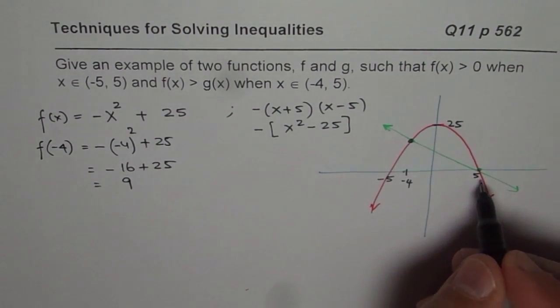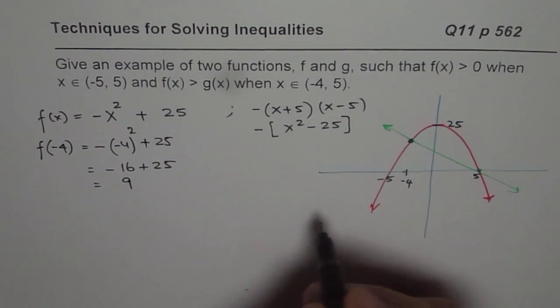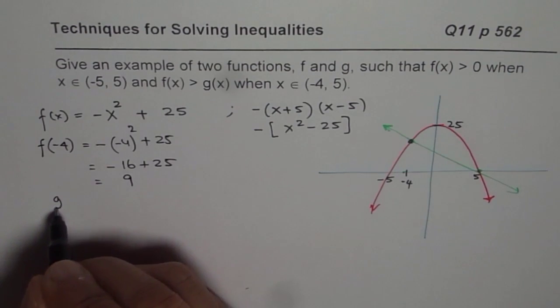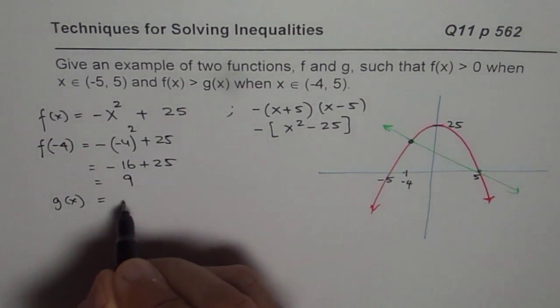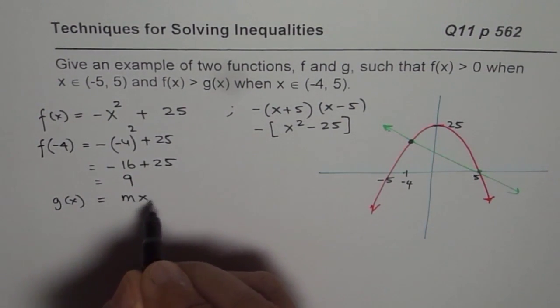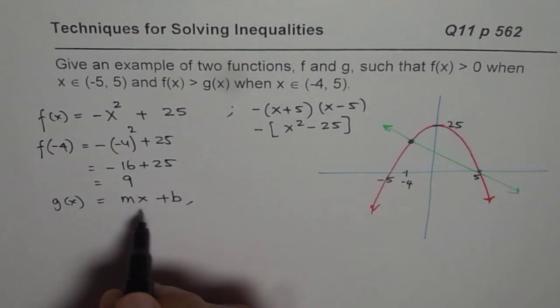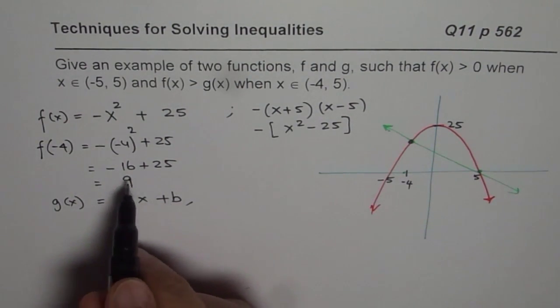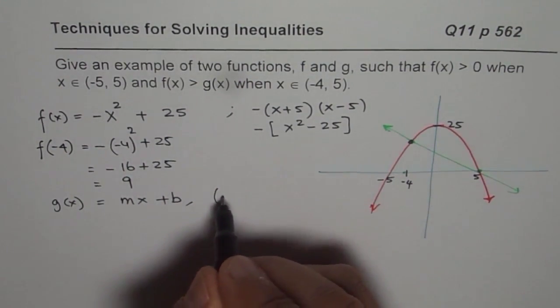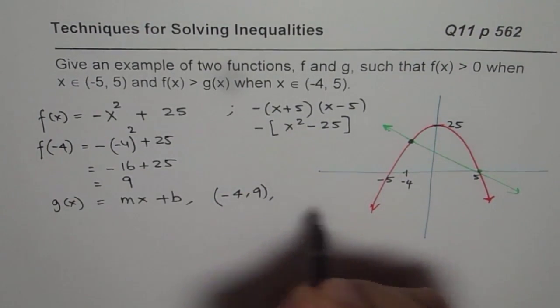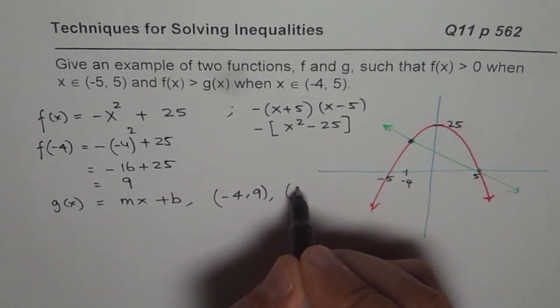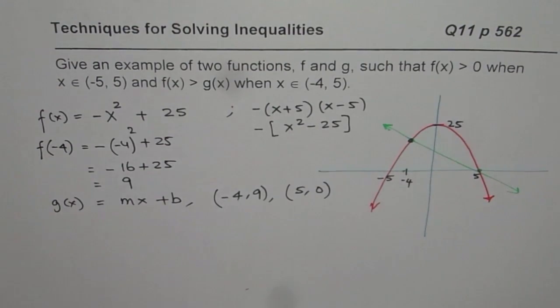The other point for us is 5 and 0. So what we are looking for is g of x, which is in the form of mx plus b. And we have identified 2 points. One point is minus 4 and 9. The other point is 5 and 0. Is it okay? The x-intercept.